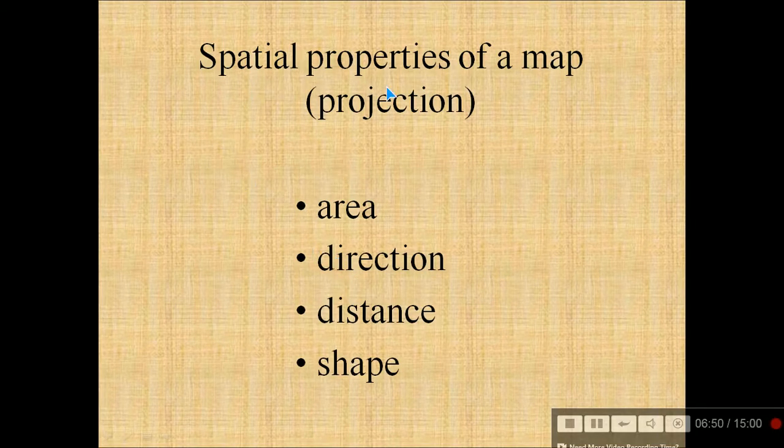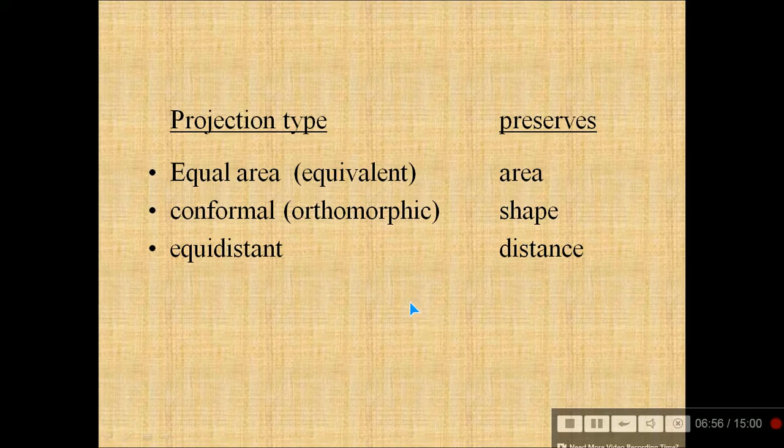Then the spatial properties of a map projection: area, direction, distance and shape. And if the projection type is equal area or equivalent, we say it preserves area. Conformal means it preserves shape, and equidistant means it preserves distance.